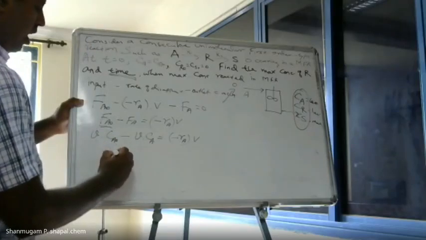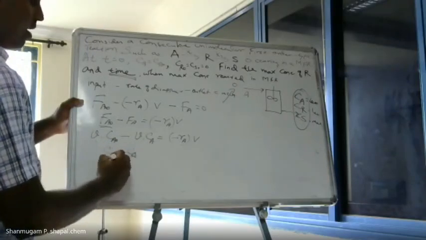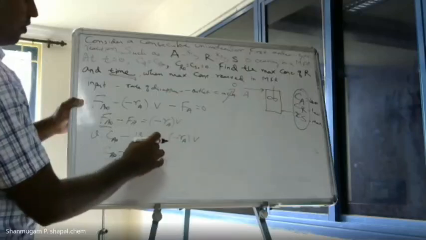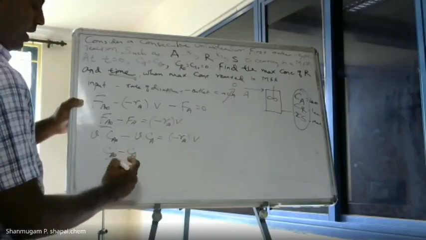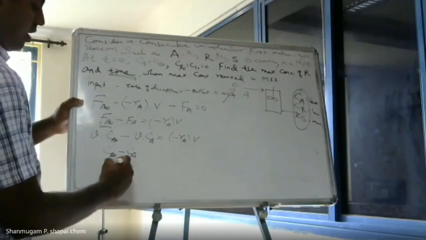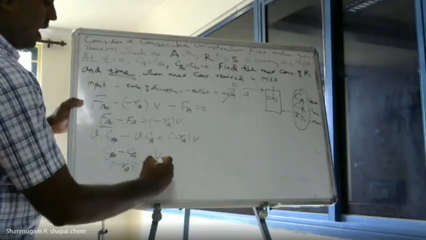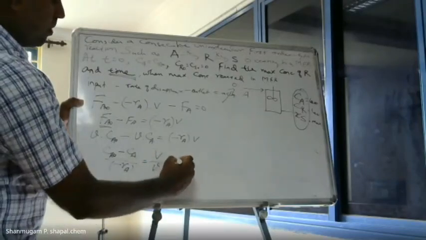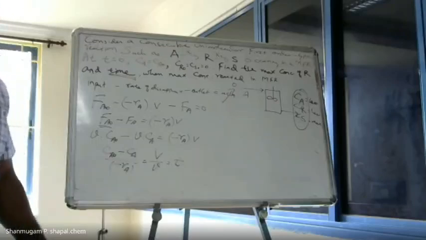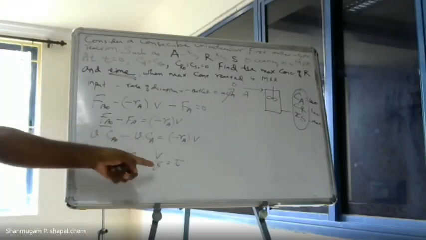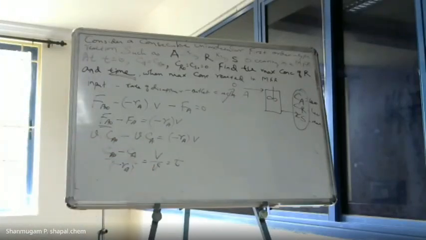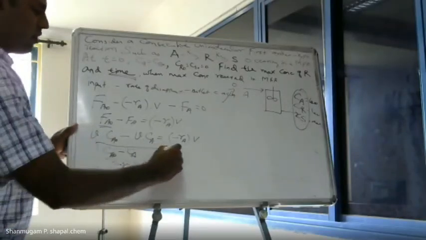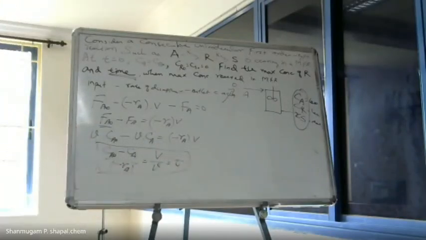So CA naught minus CA by minus RA equal to V by V naught, so this will be tau. This is the volume of the reactor, and this is the volumetric flow. So this is the actual performance equation for the mixed flow reactor that we derived before.